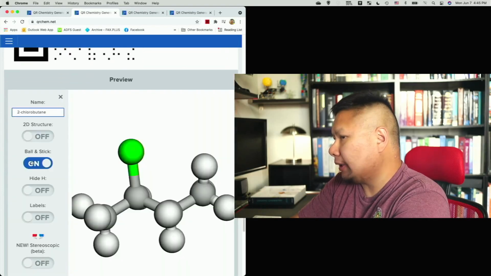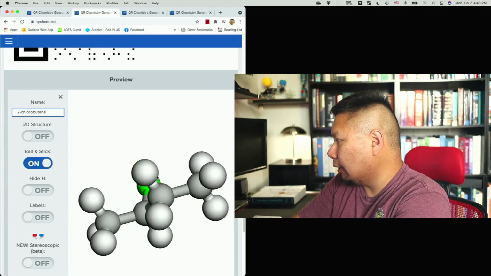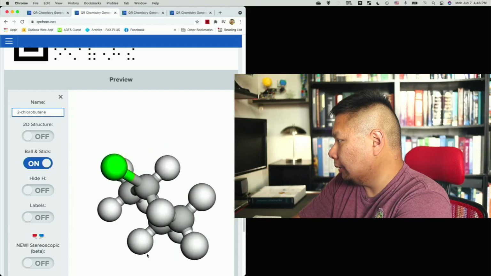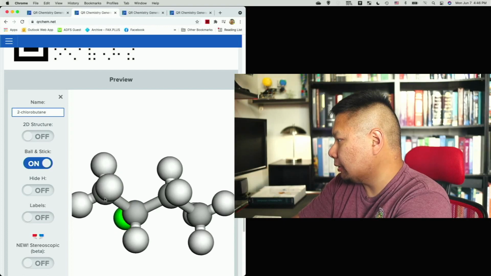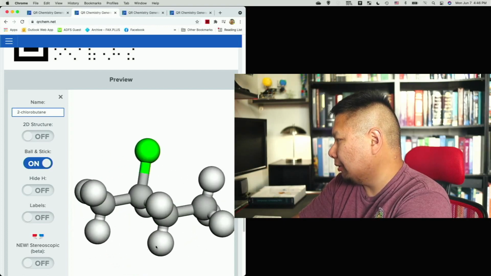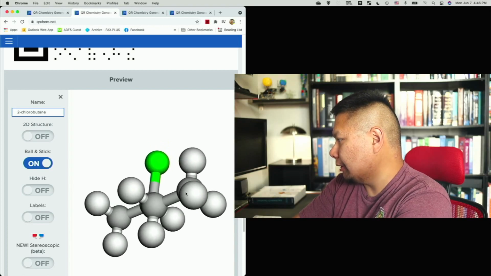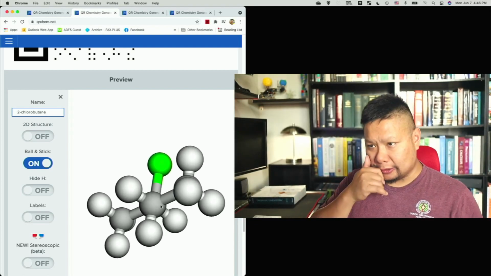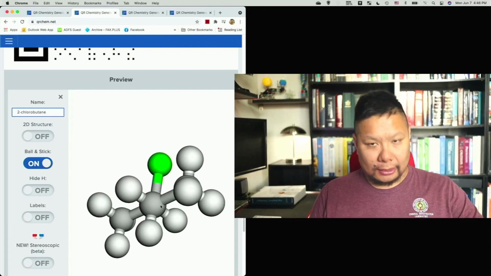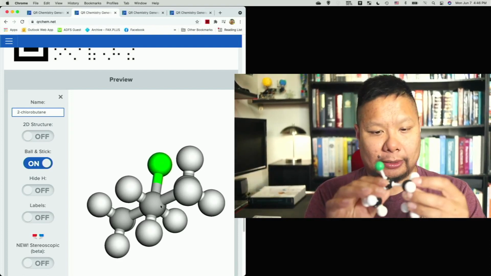We'll change it to ball and stick, and we're going to look at it straight down the carbon that it says to use in the PowerPoint presentation in the lecture, which is this one right here, where it's in the back. But notice, since we're not able to actually rotate the bonds on the digital 3D structure, the methyl group is pointing closer to the chlorine.